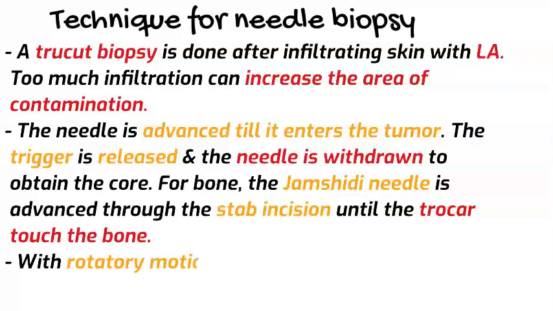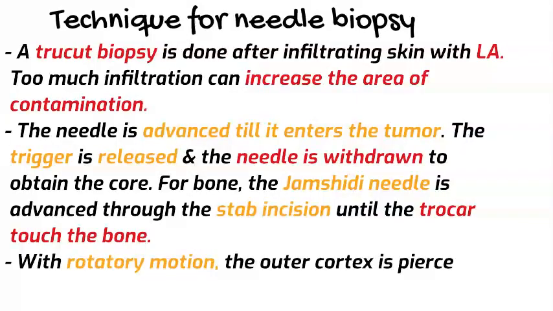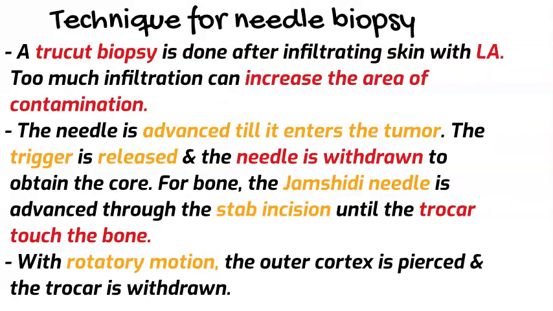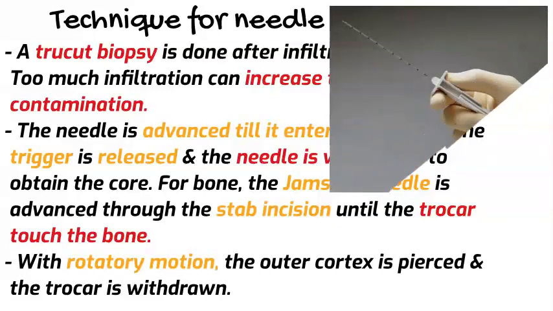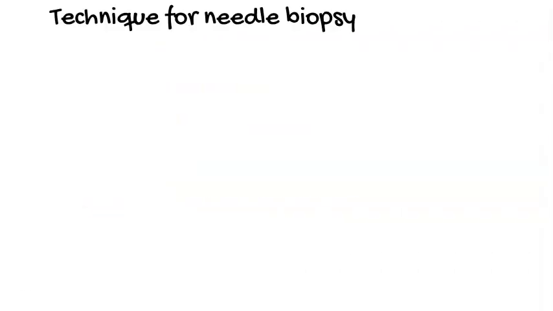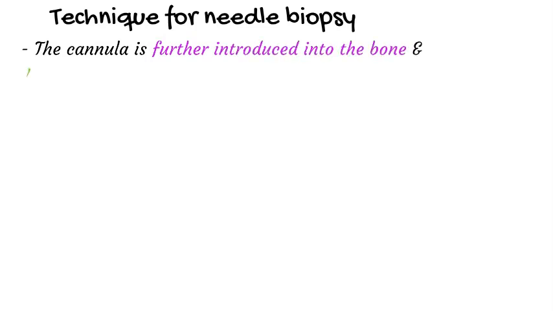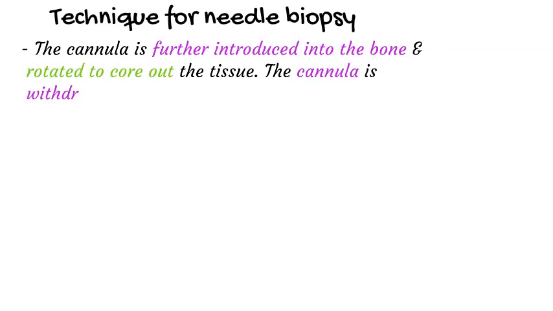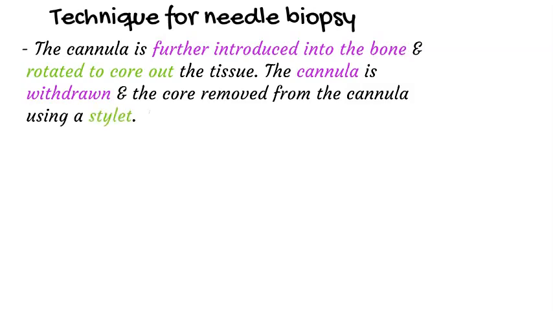For bone, the Jamshidi needle is advanced through the stab incision until the trocar touches the bone. With rotatory motion, the outer cortex is pierced and the trocar is withdrawn. The cannula is further introduced into the bone and rotated to core out the tissue. The cannula is withdrawn and the core removed from the cannula using a stylet.